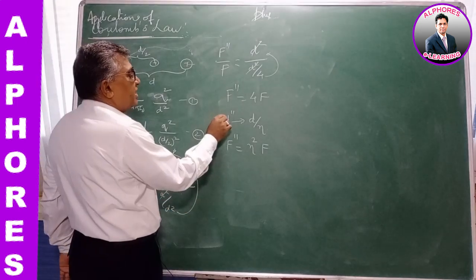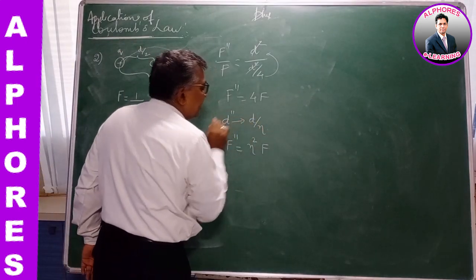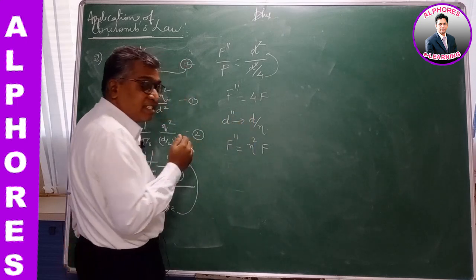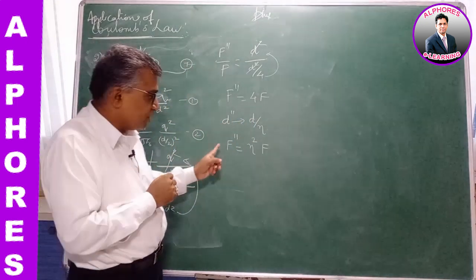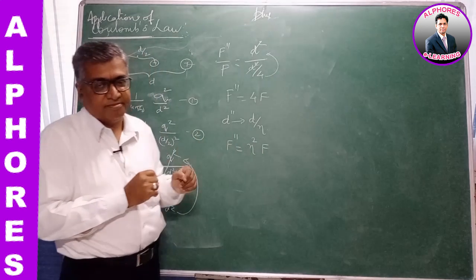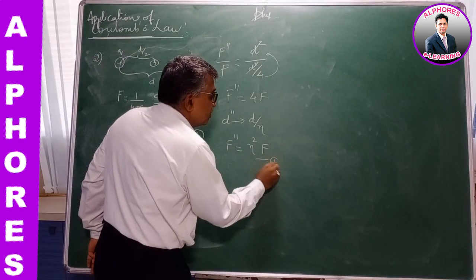So when the distance is changed to d by n, the new force F double dash is n square F. This is the second case.